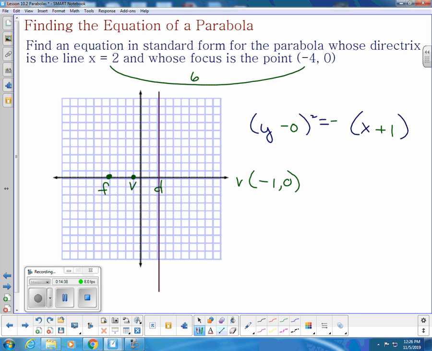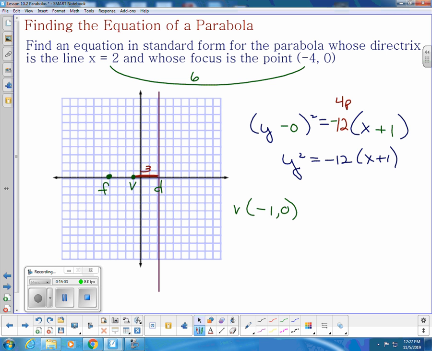And then we've got to figure out that p-value. What's the p-value? It's 3. So 4 times p is 12, and it's negative because it's going to the left. And then you could write this a little bit better: y squared equals -12 times x plus 1.